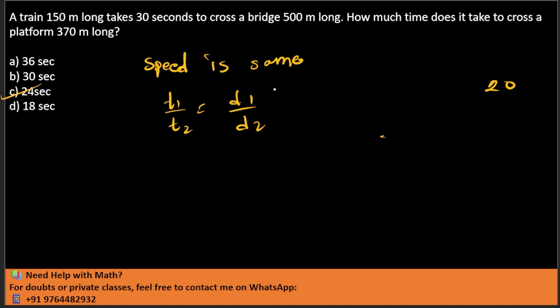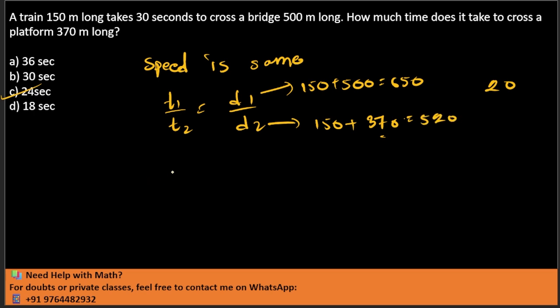Now we have d1 given, that is 150 meter plus 500 meter, that is 650 meter, and d2 is 150 plus 370, that is 520 meter. This one is given 30, and we need to find time 2.